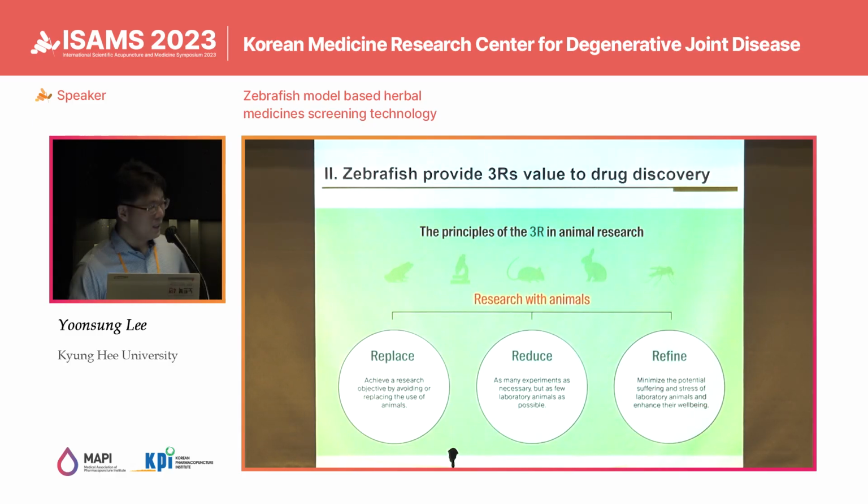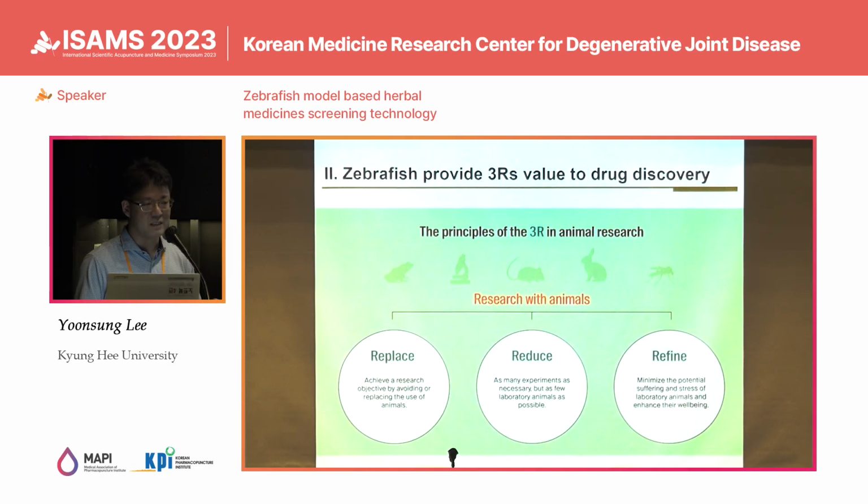The 3 R's in animal research are replace, reduce, and refine. Replace means, if possible, replacing this animal model system with an alternative model system. Second, reduce means do not use an unnecessary number of animals, just use the minimum number if possible.